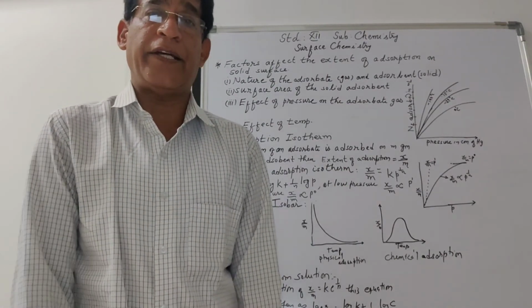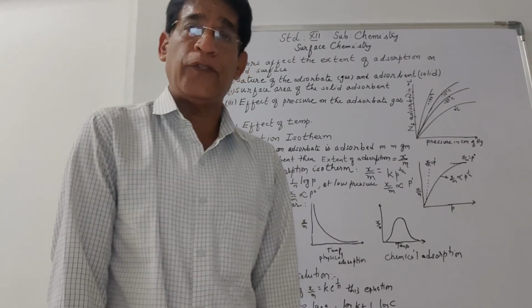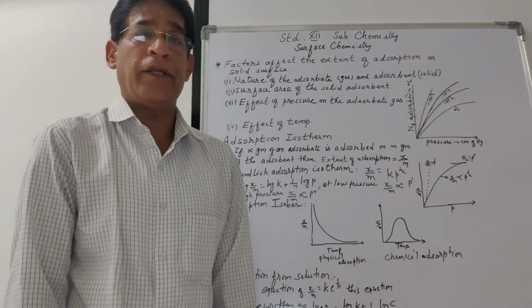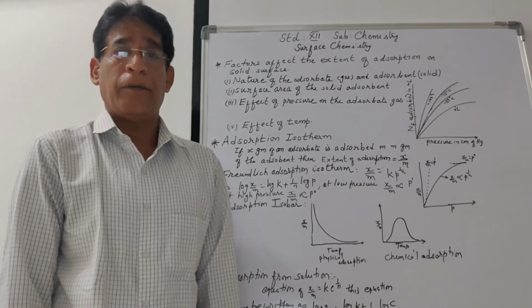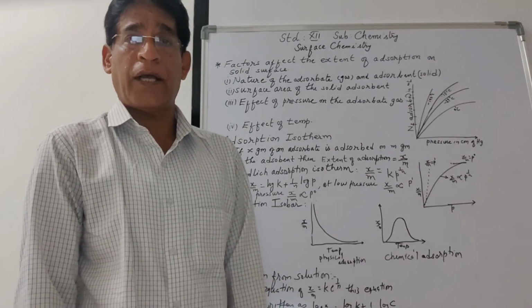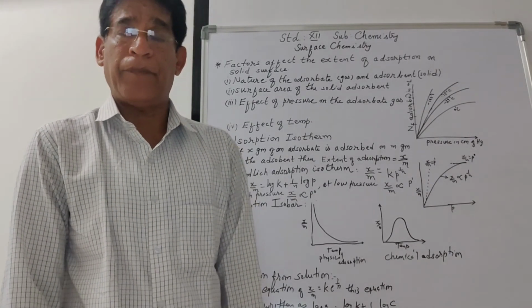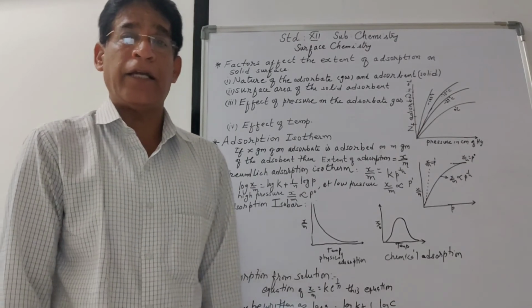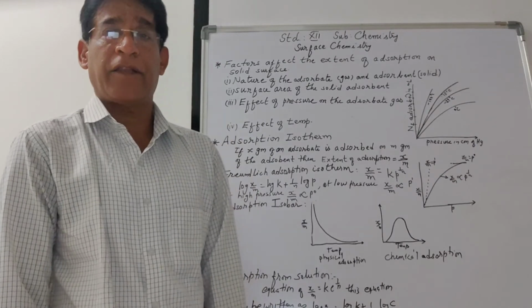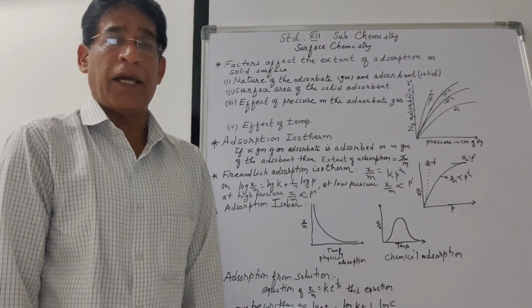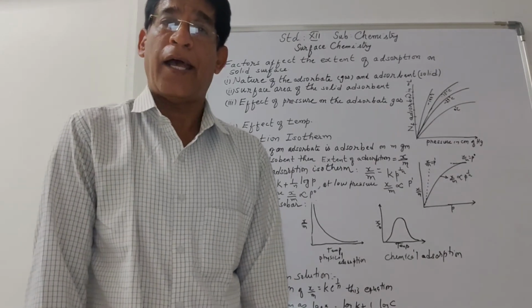And finely divided vanadium pentoxide, V2O5, is used in the contact process for the manufacture of sulfuric acid. And platinum, Pt, and palladium, Pd, are used in many industrial processes as catalysts. And in the manufacture of ammonia, iron is used as a catalyst.